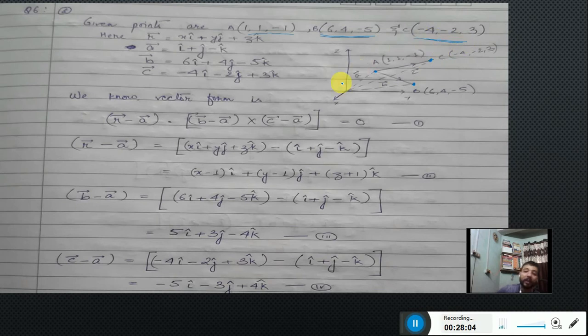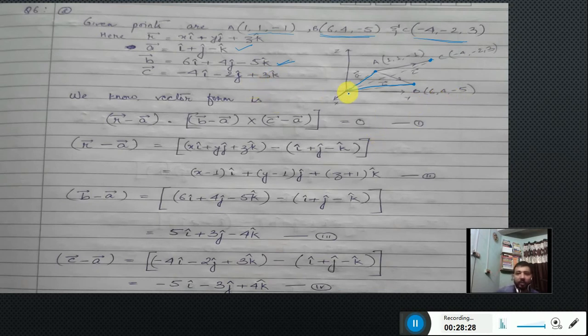Now if these are points, I can easily get their position vectors. So the position vector of A I have written as a vector. The position vector of B I have written like this: 6 i cap plus 4 j cap minus 5 k cap. I don't have to repeat it again and again.